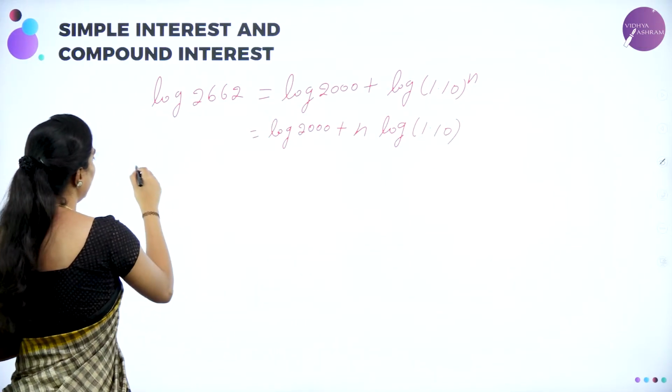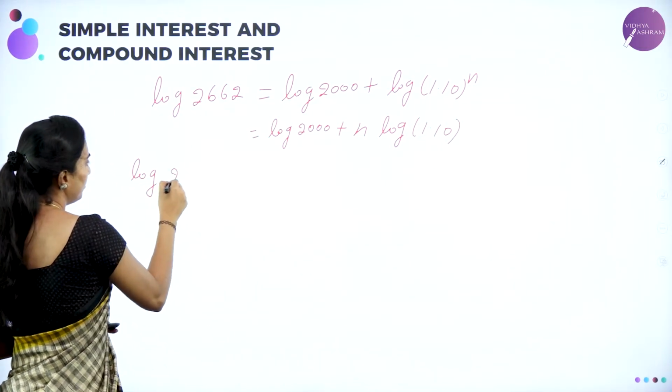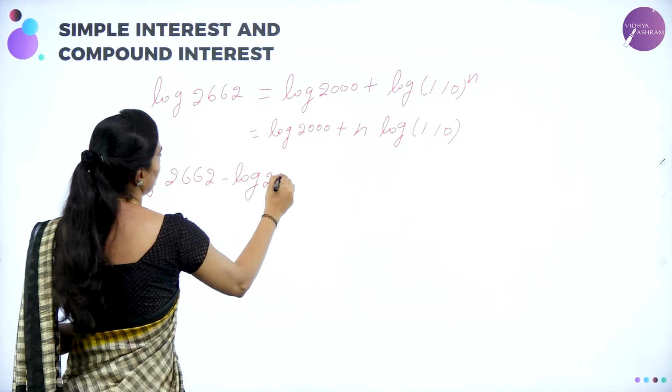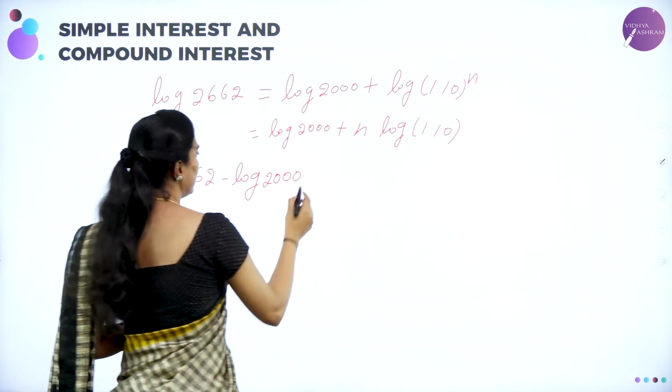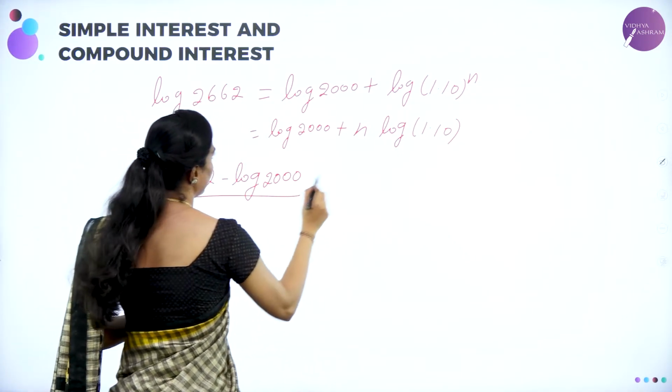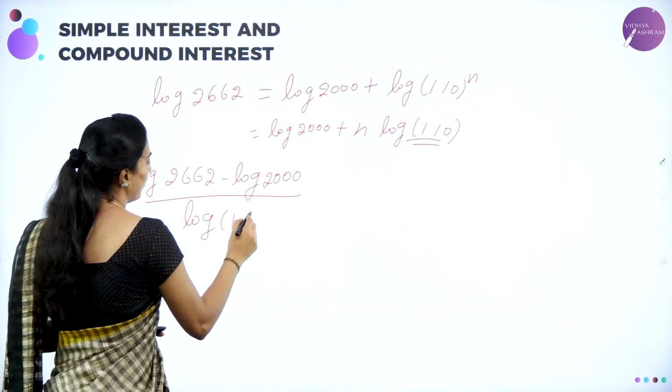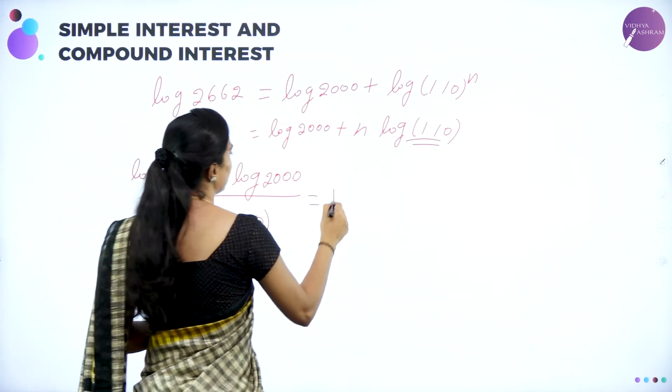Now you can calculate this: log 2662 minus log 2000, divided by log 1.10, is equal to N.